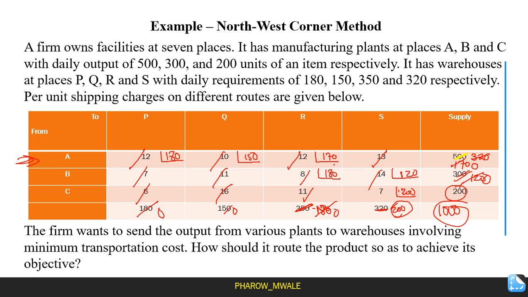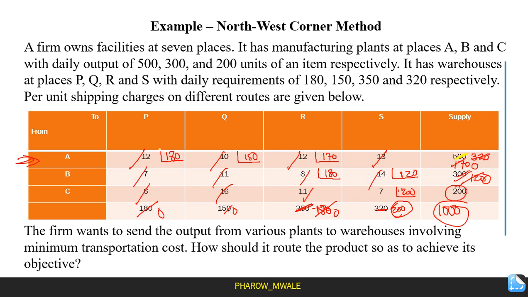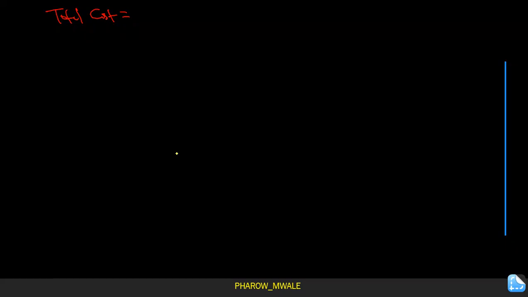Now, once you have done that, you must go ahead and calculate the total cost that will minimize the transportation problem. So that is our next thing here. Total cost is equal to, what are we multiplying? The cost times the quantity allocated.